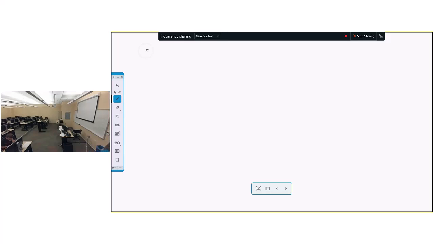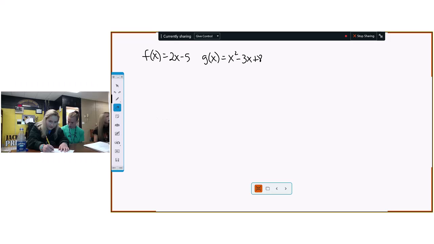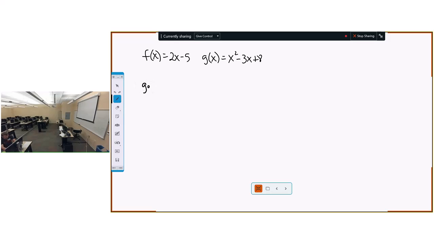Again, we have f of x equals 2x minus 5, and we have g of x equals x squared minus 3x plus 8, right? Okay. So now we want to find g of f, g circle f of 7, okay?